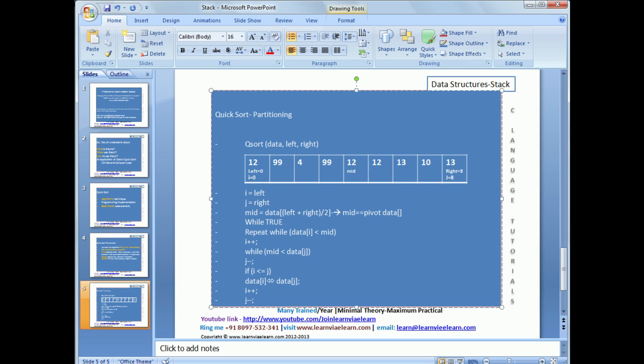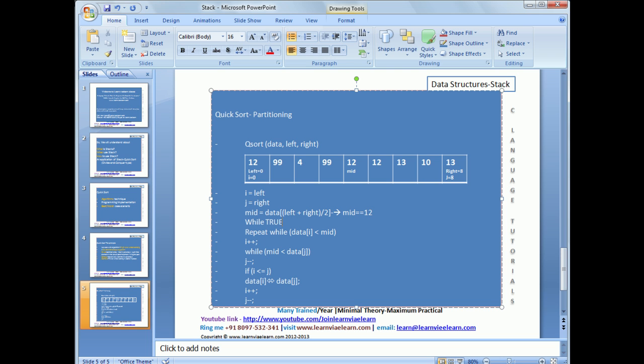What's the value of left and right? 0 plus 8, which is 8. So 8 divided by 2 comes as 4. So the value of mid would be data at 4, which is 12, like 0, 1, 2, 3 and 4. So the value of mid here would be 12.